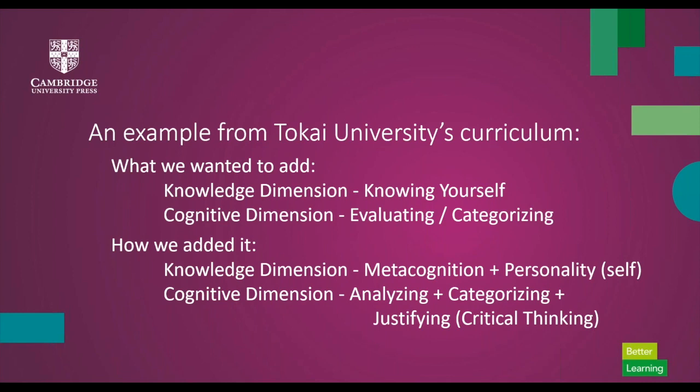So we went from describing others to describing yourself, metacognitive aspect of thinking. And from the lower order thinking skills in analyzing to more analyzing, categorizing, giving your opinion about something, and then justifying why you think that. A little bit of critical thinking. Just first unit for basic level students, dipping their toes into that critical thinking area.